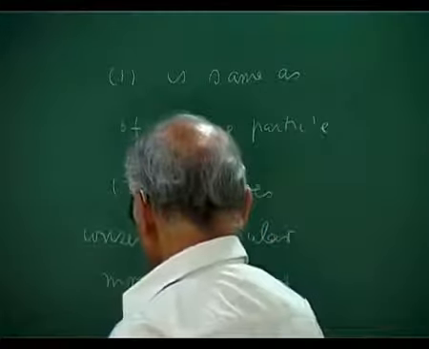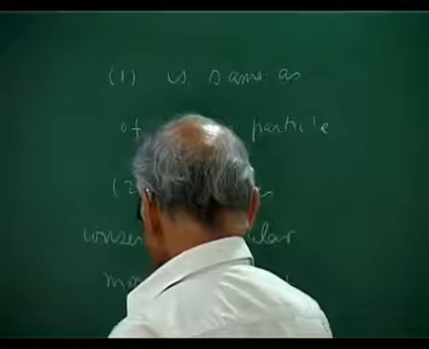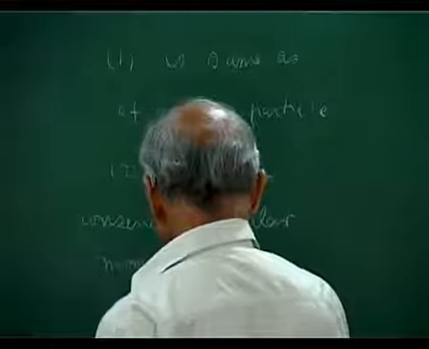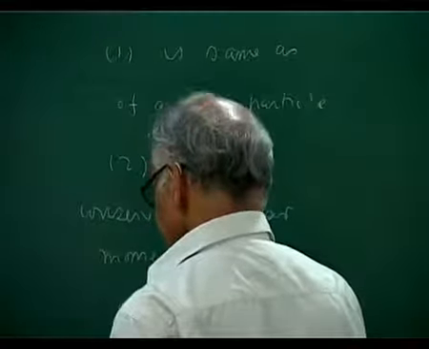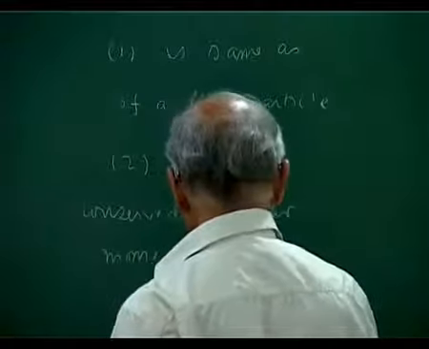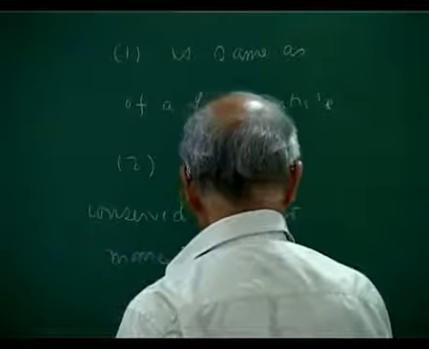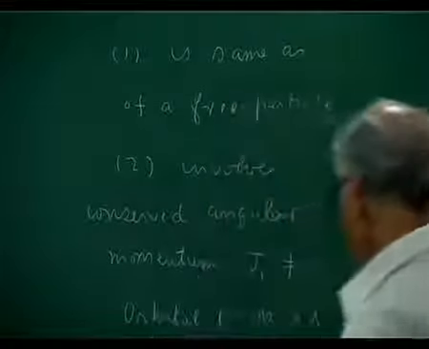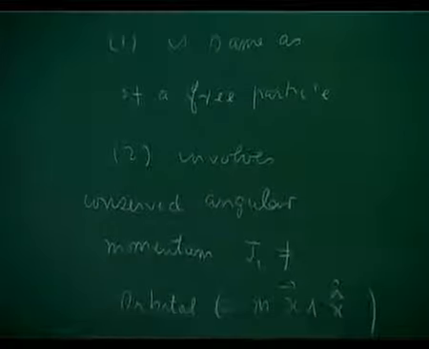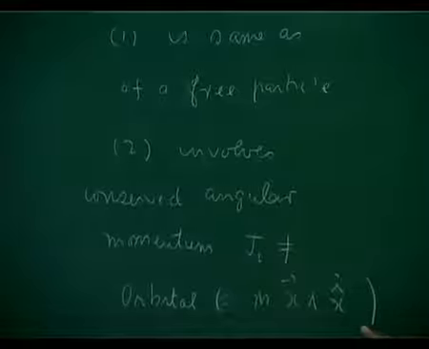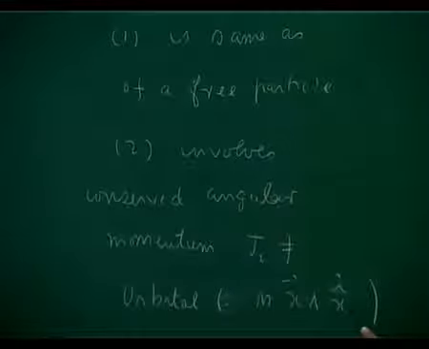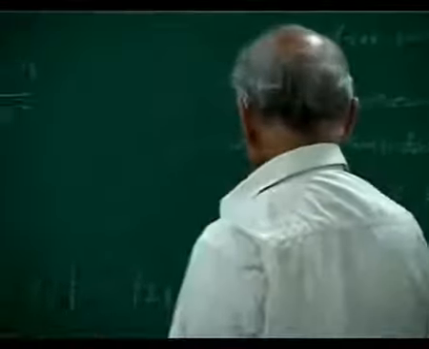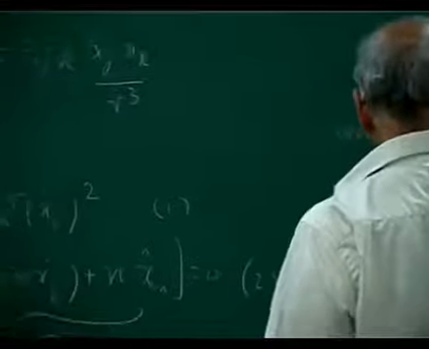The orbital one would have been equal to m times x cross x dot, r cross p. This would have been the classical free particle angular momentum, but it is not this. There is an extra helicity in particular. So this would be orbital.